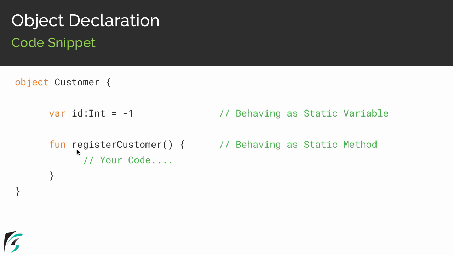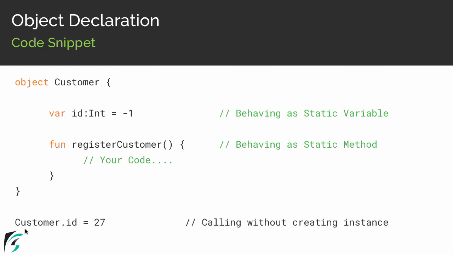Similarly, suppose I have a function registerCustomer. This method as well is behaving as a static method. If you are from a Java background, then you must know how to access static variables and methods. To access these, we simply use Customer.id equals, let's say, 27.